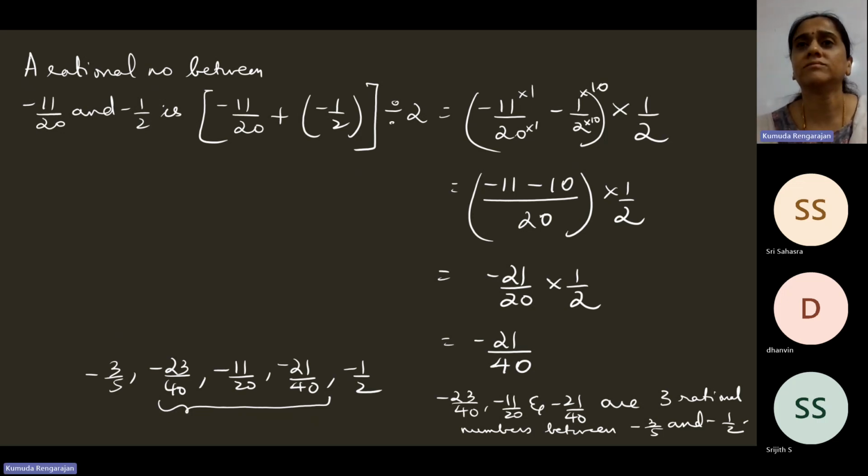Two numbers using the mean method. You should find it fast.